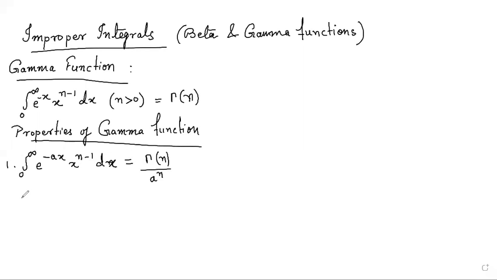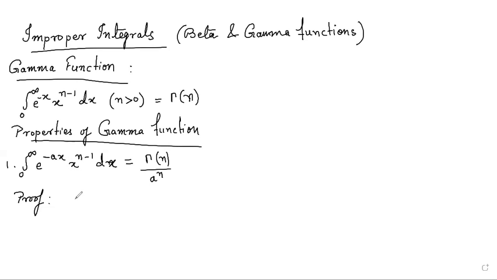How can we prove that? A simple proof is there. The structure of the gamma function is e to the power of minus x, then x to the power of n minus 1. But the integral that we have here is e to the power of minus ax. Instead of x, it is minus ax.